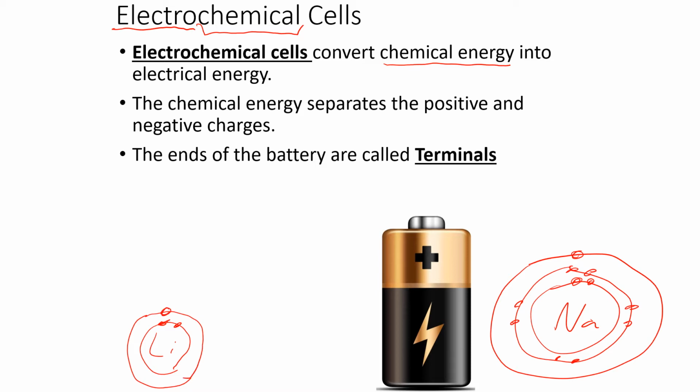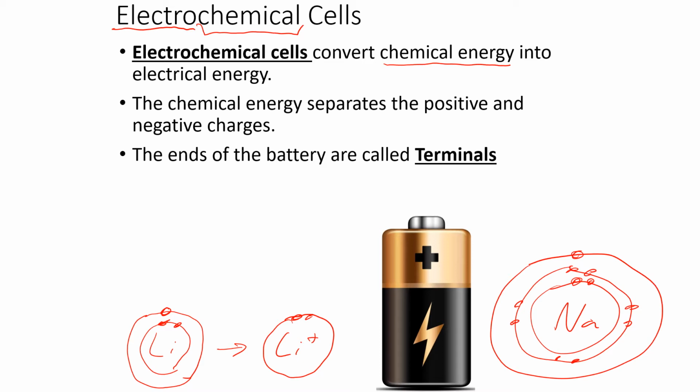And when lithium turns into Li plus, that 1 electron goes away and combines with something else. Now that 1 electron flies off and combines with another element.